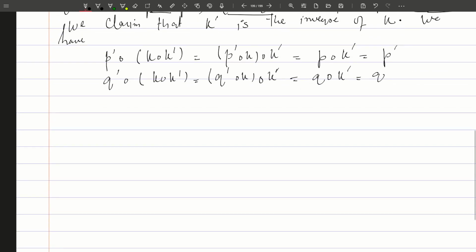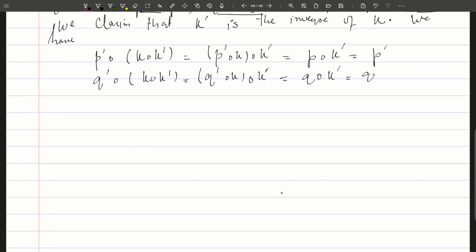Now let us see what these two expressions say here. These two say that the diagram commutes. So we have D prime here, and D prime here. Now the map K composite K prime is the map between D prime and D prime, because from D prime to D we have the map K prime, and from D to D prime we have the map K. So this is K composite K prime.